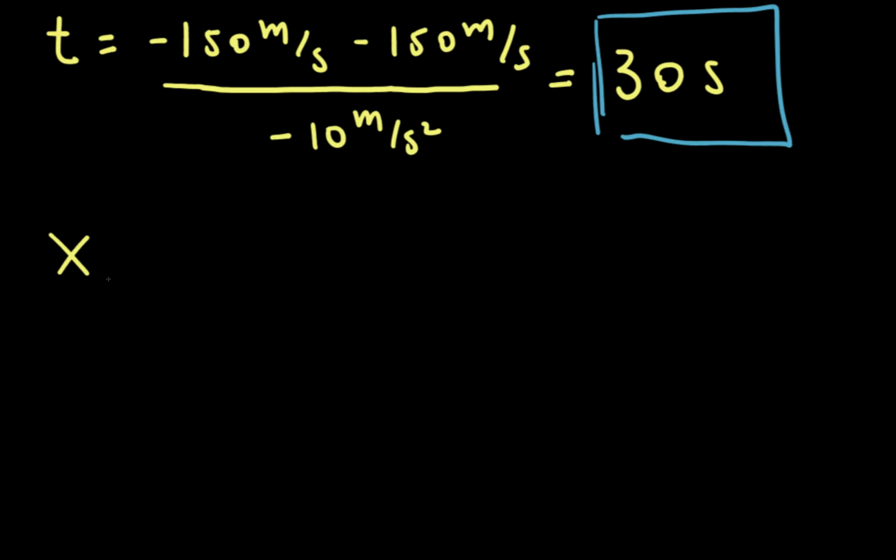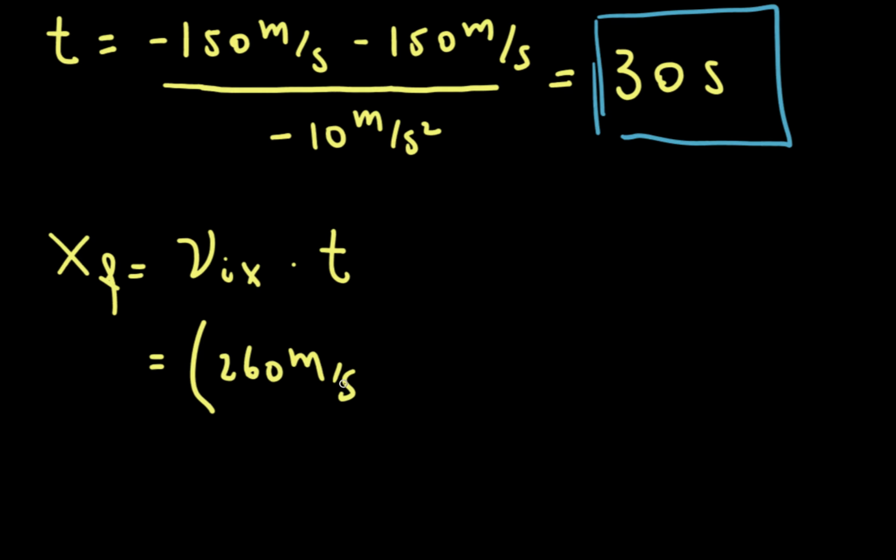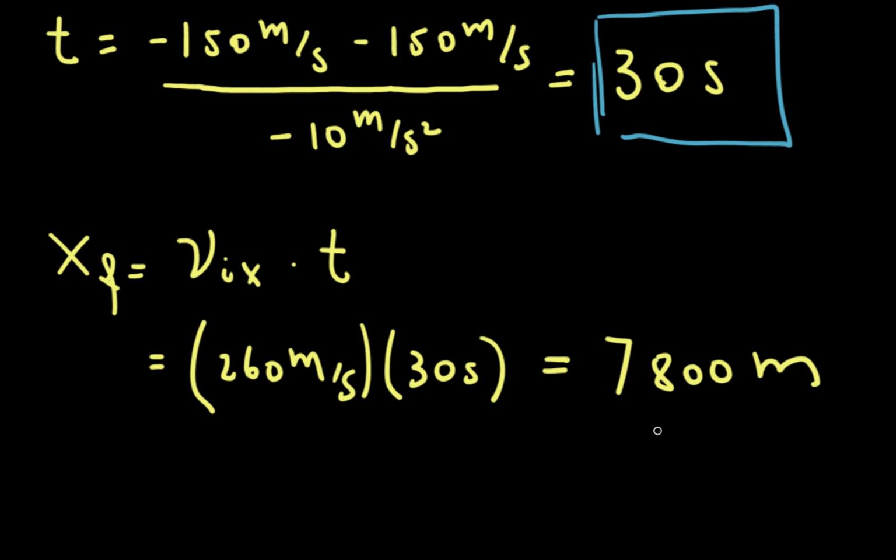The range, xf, equals the velocity initial in the x, which is also the final and does not change, multiplied by the time which this thing was airborne, which is now 30 seconds. So we can go ahead and carry this calculation out. 260 meters per second multiplied by 30 seconds. This, if you carry out the calculation, is 7,800 meters. Okay? That's the range.